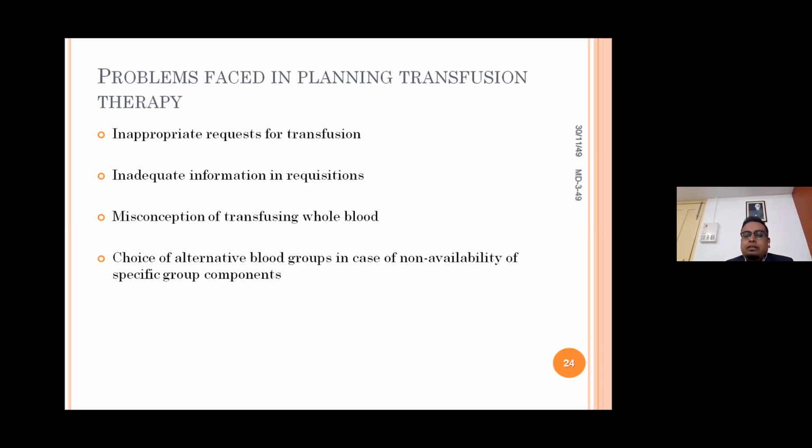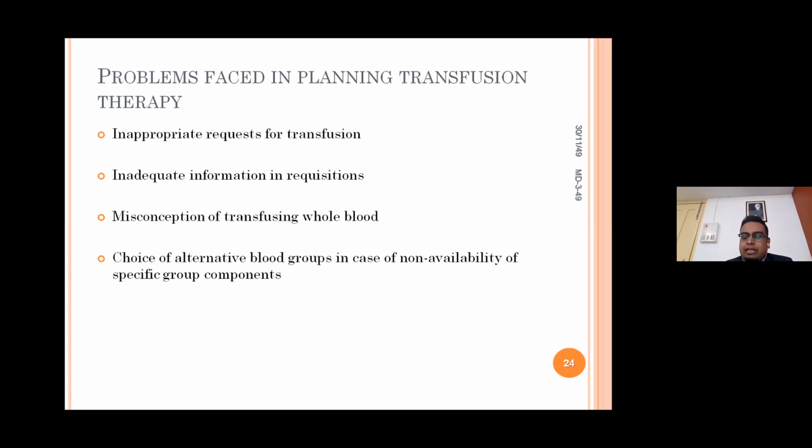This is again important. Sometimes it becomes very difficult to convince the clinicians that if the specific group components are not available, then maybe we can use other group components as well.